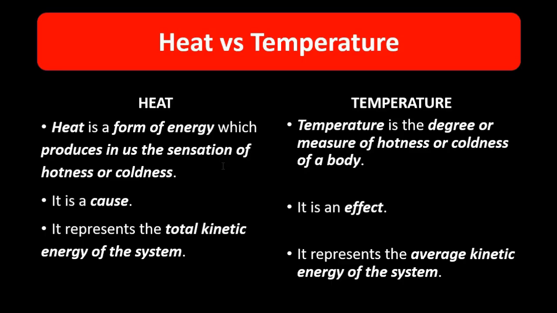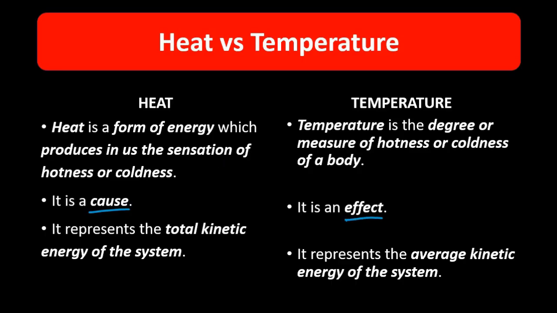Like I said, we cannot say that this body has this much heat content, energy content, but we can say that this body has a temperature of, let's say, 30 degrees Celsius, 35 degrees Celsius, 98 degrees Fahrenheit, like that. You have to try to understand this. Heat is the cause, temperature is the effect.